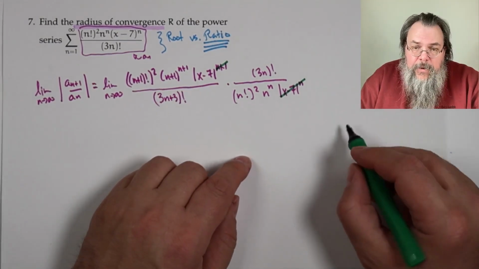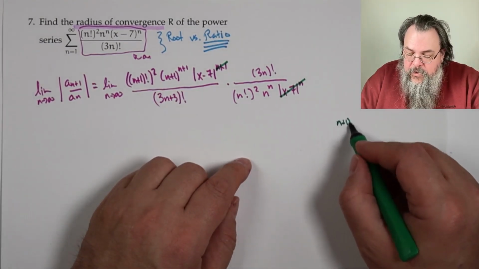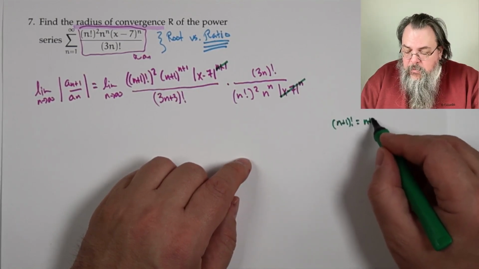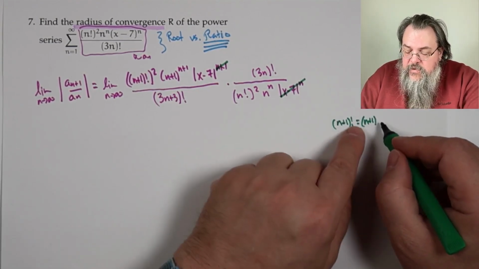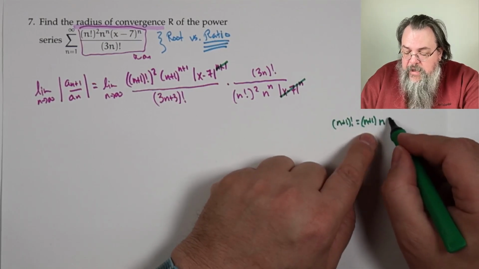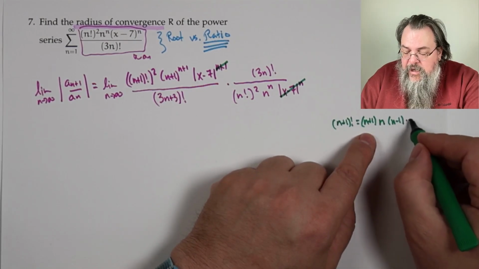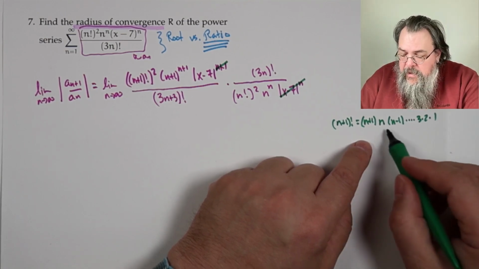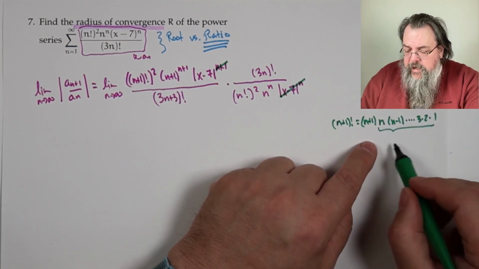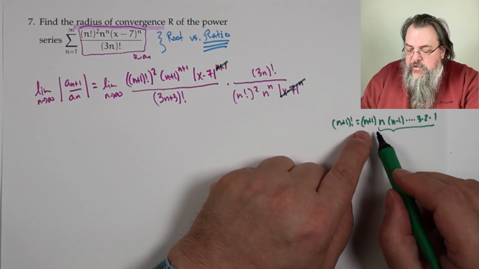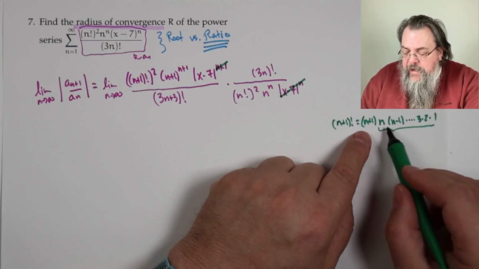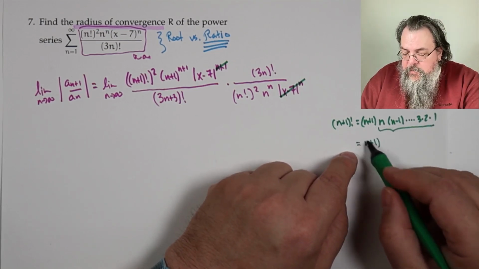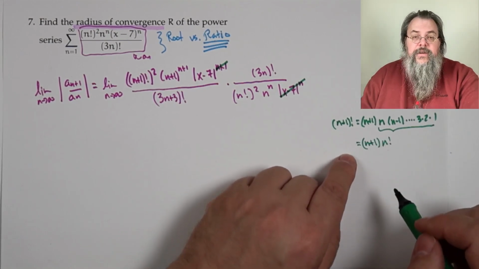Well, n plus 1 factorial looks like n plus 1, and that factorial just says start with the number and start multiplying, and don't stop until you get down to 1. But wait a second. If I just take off the first term, then the rest of it looks like n factorial. So it's like n plus 1 times n factorial.